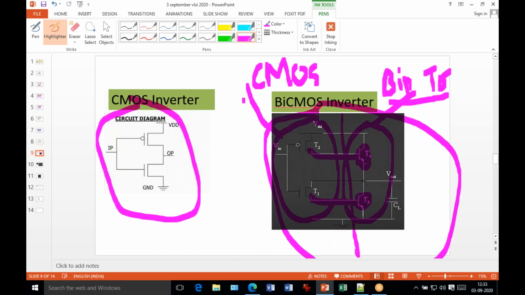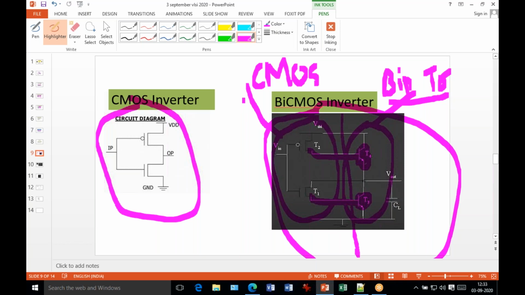If you apply some appropriate value, then what is the actual output? Suppose that in this node we connect a logic 0.